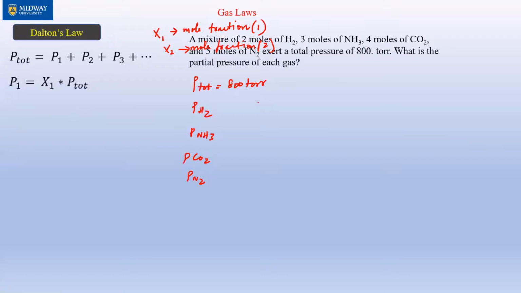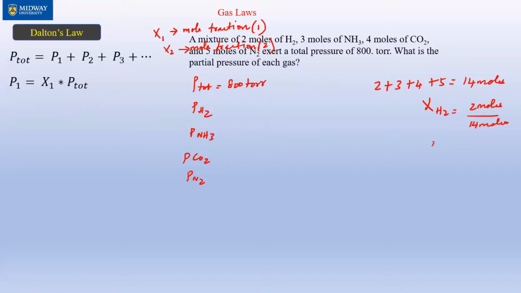So how do we find mole fraction? Well, you have to first find the total moles, which is 2 plus 3 plus 4 plus 5. That's 9 plus 3, 12, 14 moles, right? To find the mole fraction of H2, you take 2 moles divided by 14 moles.